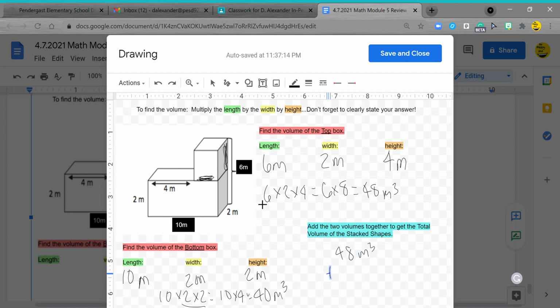I'm going to add the 40 meters cubed to get 88 meters cubed. That is my answer. And as long as you show me all this, you get a 4.